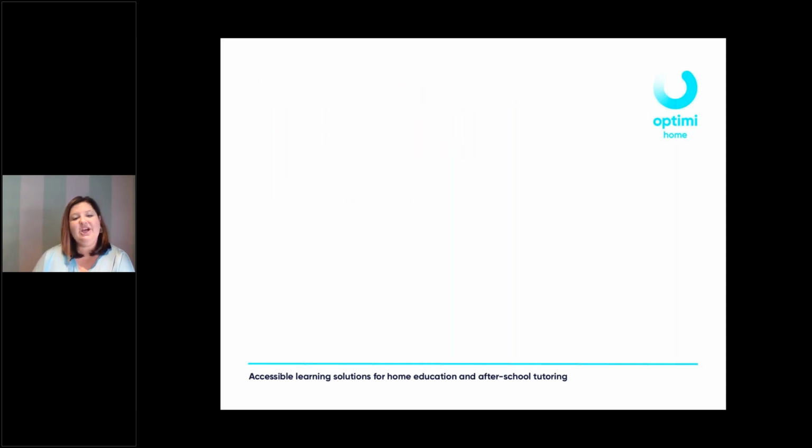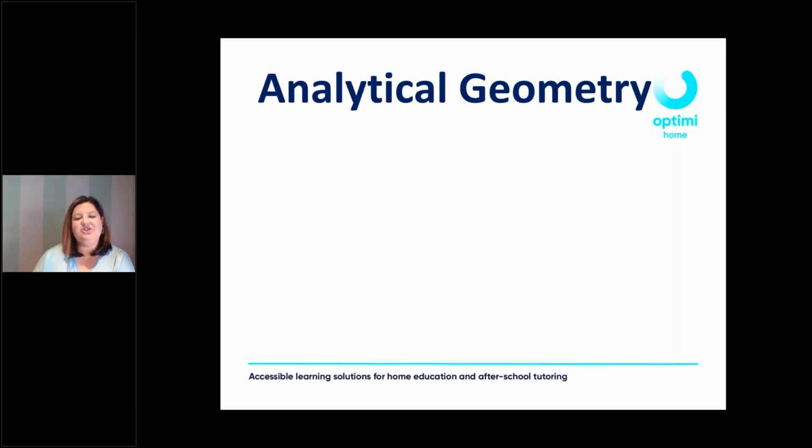Right. So analytical geometry. Now you're used to Euclidean geometry and seeing that a lot. And I think that there's a bit of confusion between analytical geometry and Euclidean geometry. Now Euclidean geometry is the geometry where you need to know all of those theorems of straight lines, parallel lines, opposite angles, alternating angles, and topics like that.